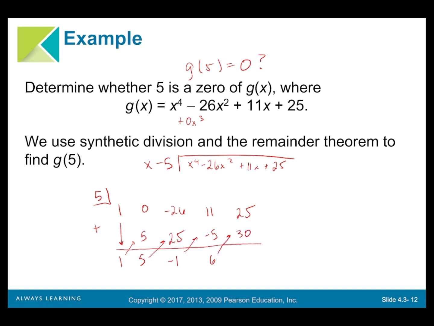And then 25 plus 30 is 55. So we know that 55 is our remainder, and that's not 0. So 5 is not a root or a 0 of g of x.